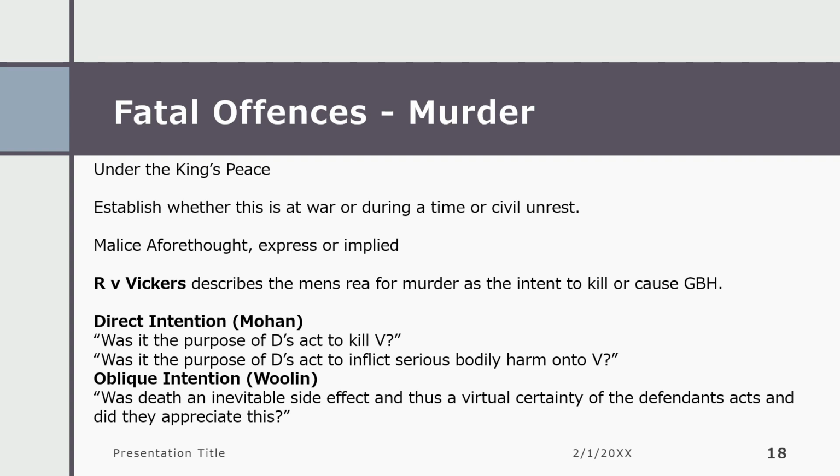So, next is the mens rea, which is governed by the phrase malice aforethought, express or implied. This is just direct or oblique intention. So, R v Vickers describes the mens rea for murder as the intent to kill or cause GBH. This is because if you intend to kill but you only cause GBH, and there's no proof that you intended to kill, then you could maybe get away with Section 18 GBH, or even less, Section 20.